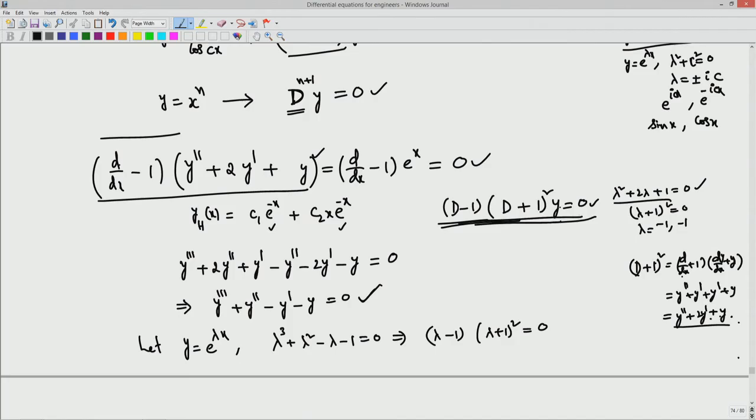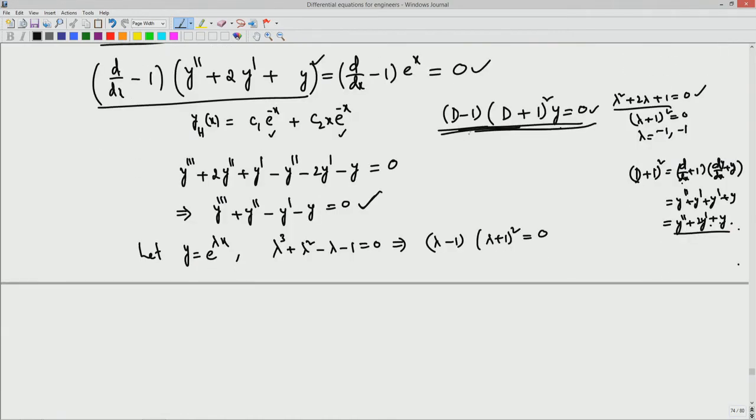If you put y equal to e^(lambda x), you can easily see that wherever D is there, you put lambda. So you will get the same. Since you already have this separated, you write it as a product of these terms.